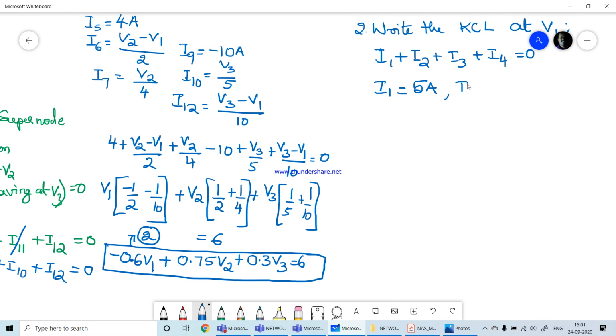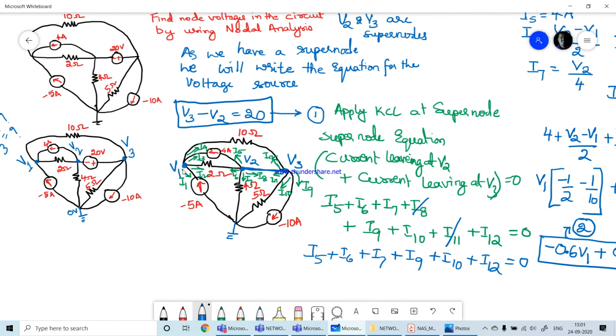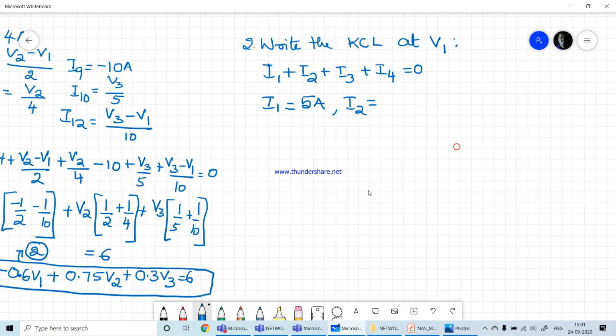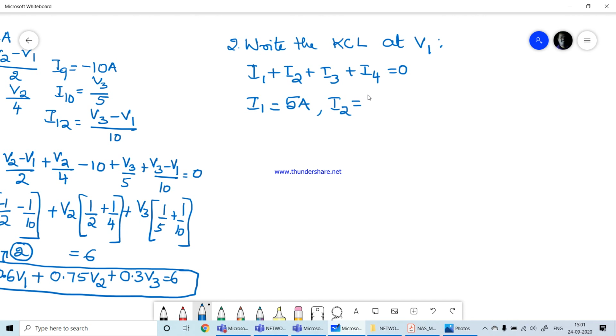What is I2? I2 is flowing through the 2 ohms, so it is V1 minus V2 by 2. Coming to I3, it is minus 4 amps.